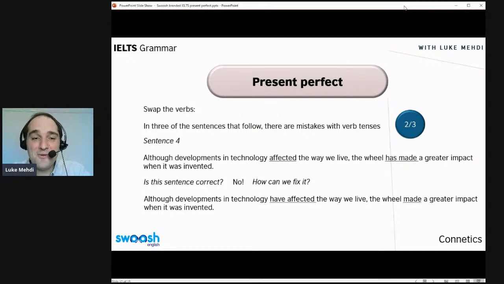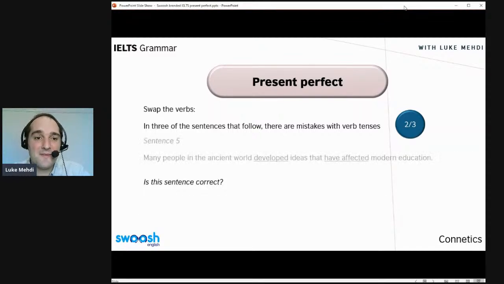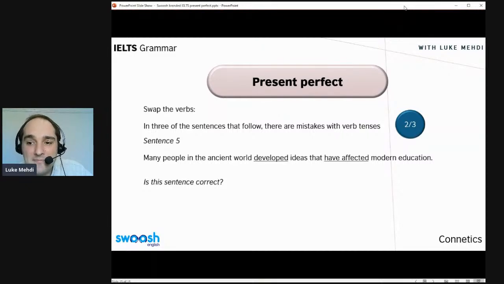And next example sentence, sentence 5. Many people in the ancient world developed ideas that have affected modern education. What do we think? A bit more difficult, this one. Is this correct? Any ideas?